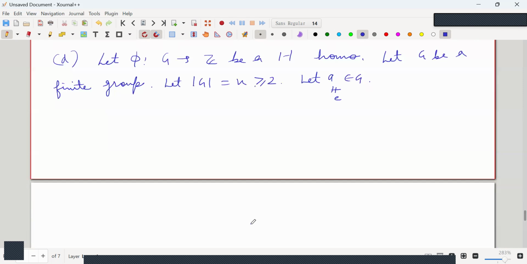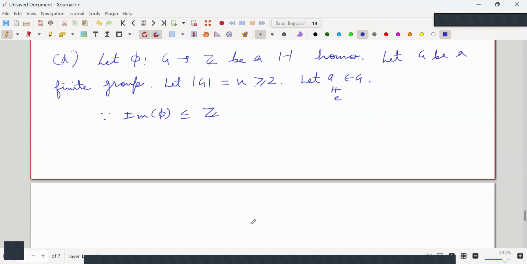But now why is G infinite in the one-one case? That is since the image of phi is a subgroup of Z, right? That is always the case. Image is always a subgroup. Kernel is a subgroup of the domain and image is a subgroup of the codomain.